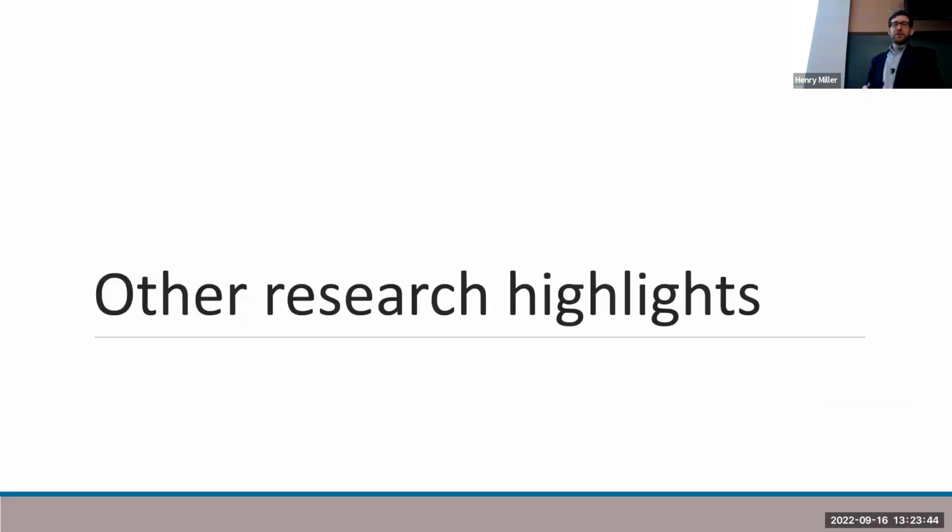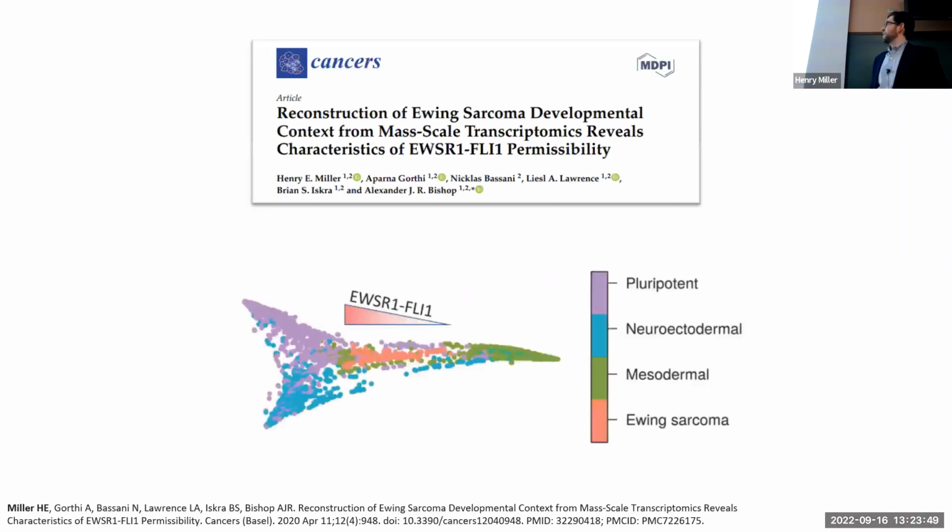With that, I want to mention just very briefly a couple minor research highlights. This was the first study that I had the opportunity to lead. This was published in Cancers a couple years back. And basically, I used transcriptomic data mining to understand more about the developmental context of Ewing sarcoma, a pediatric bone cancer.